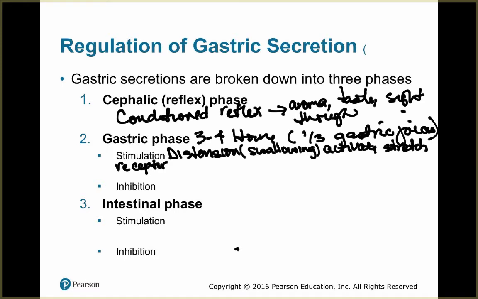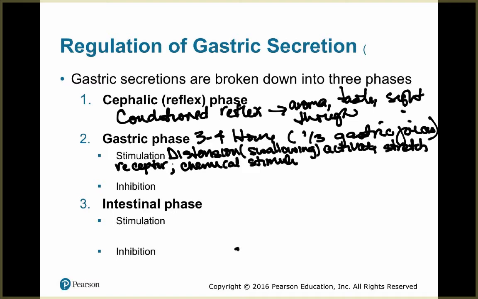And that's going to initiate both long reflexes, the brain, right, and short reflexes, which is your gut reflex. So that's one thing that's going to stimulate it. You can also get chemical stimuli. So things such as partially digested protein, caffeine, low acidity will activate those endocrine cells to secrete gastrin.